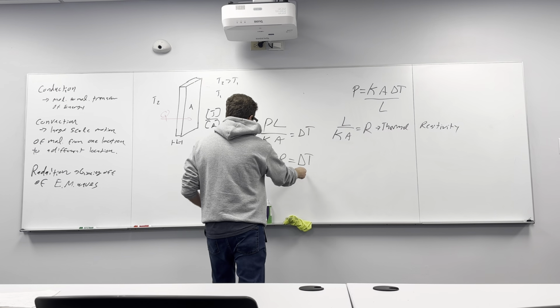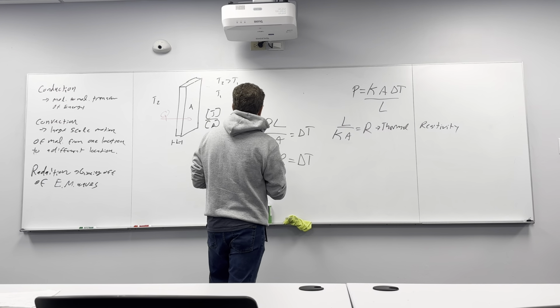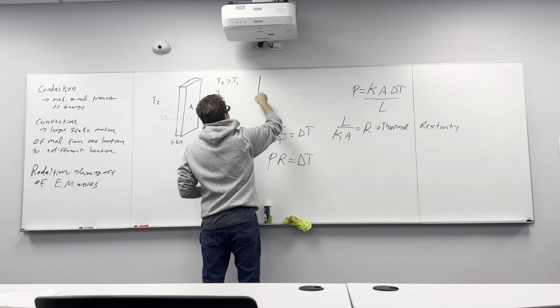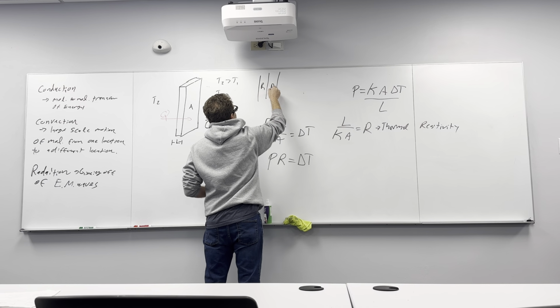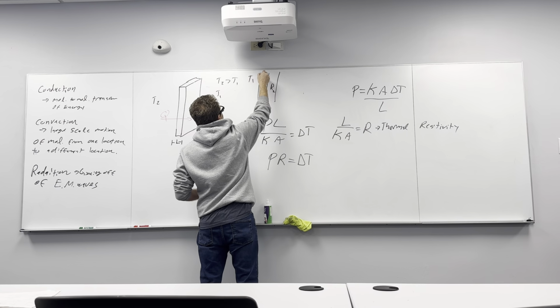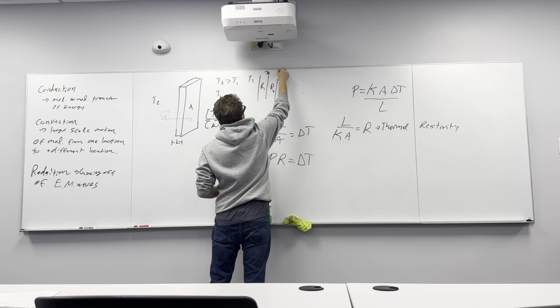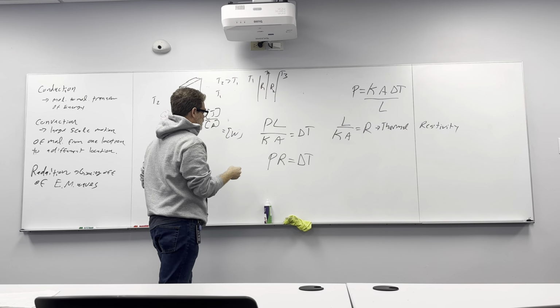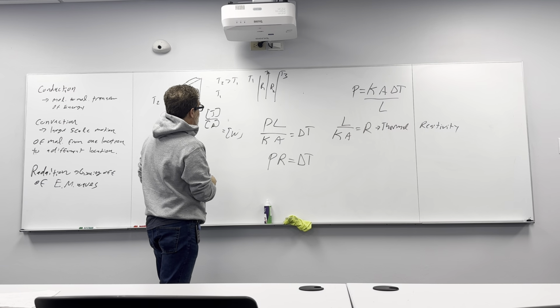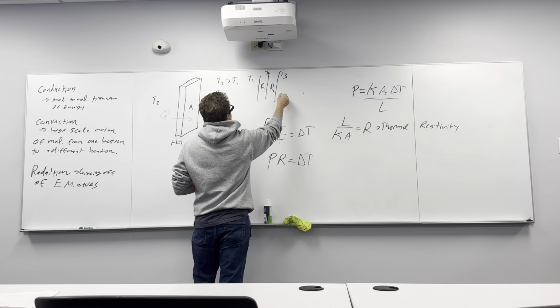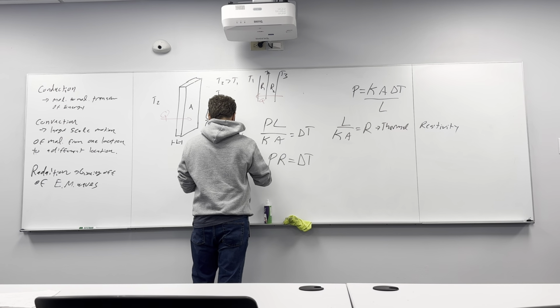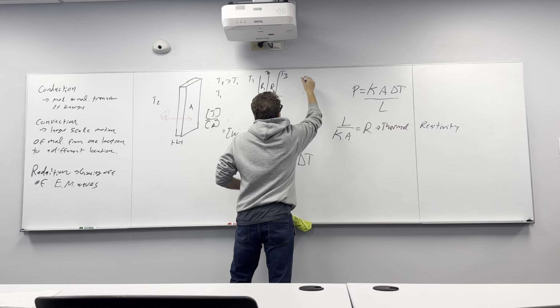What's nice about doing the formula this way is imagine I have two objects, right, with different R's. So this is R1, this is R2, let's say T1, T2 in the middle, T3 on the outside. And in this case, I got heat flowing, let's say this way, Q, because T3 is greater than T2.